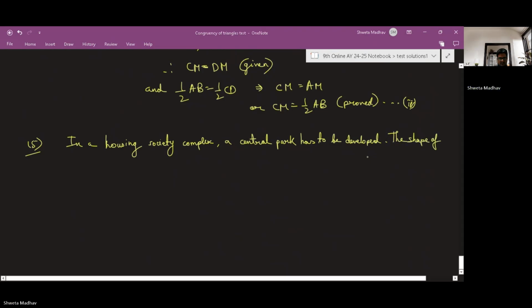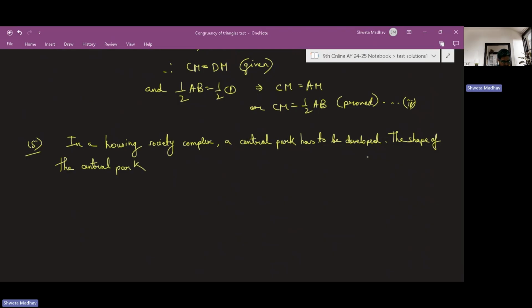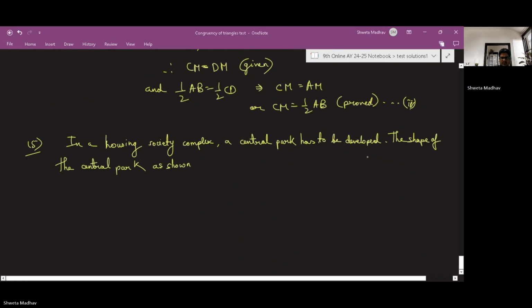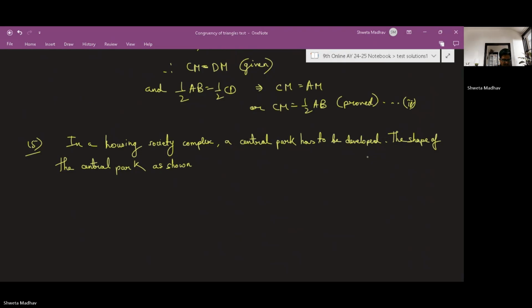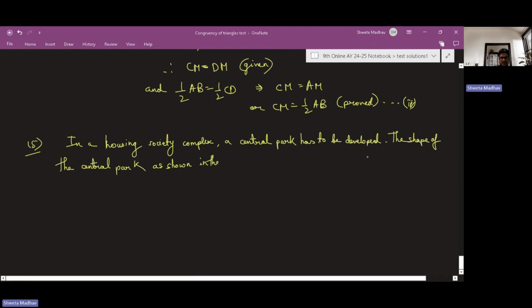The shape of the central park is shown in the figure.